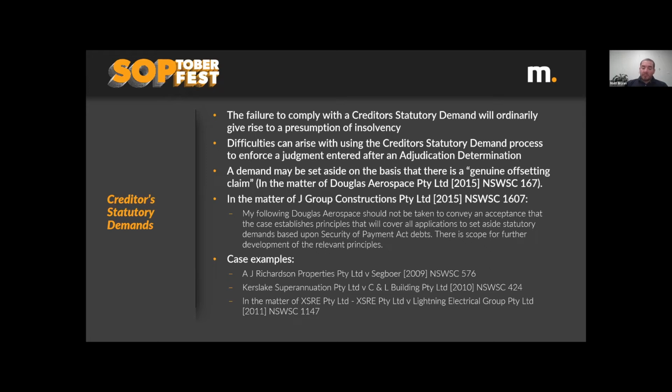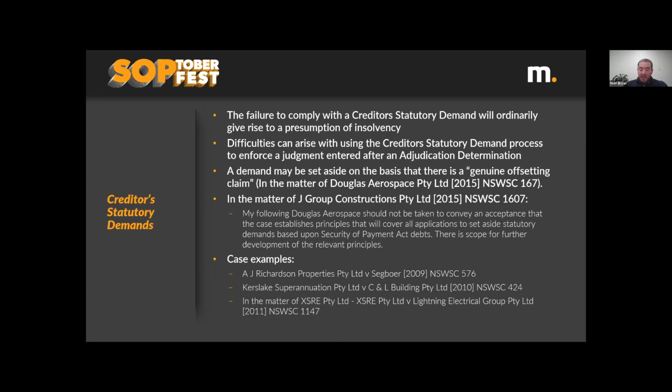I think one of the problems that XSRE faced in that case was that its evidence wasn't particularly compelling, and essentially the judge in that case in the Supreme Court found that it really was just a bunch of assertions that were inconsistent with the contemporaneous documents, the emails and different documents that were put into evidence.